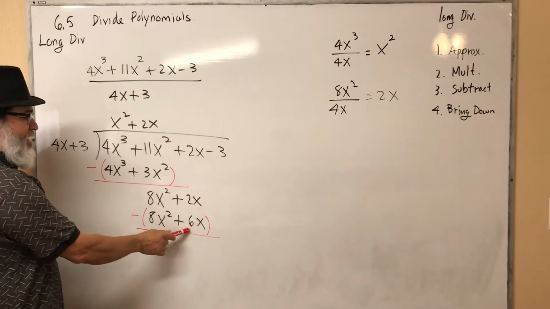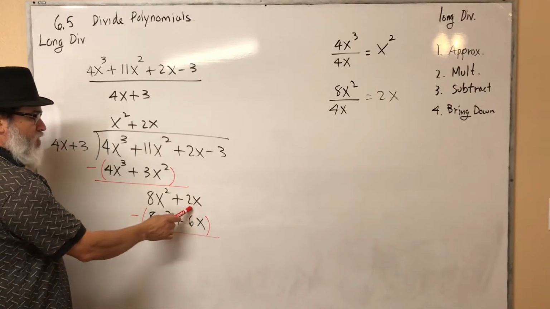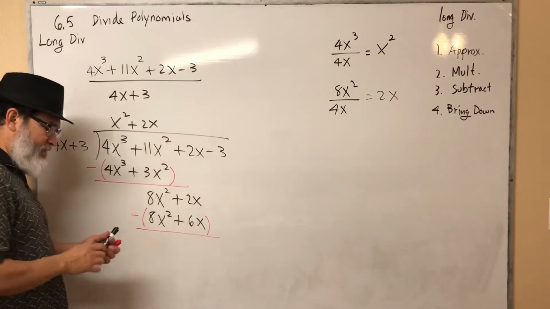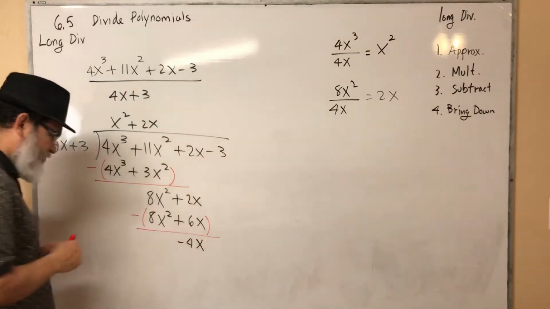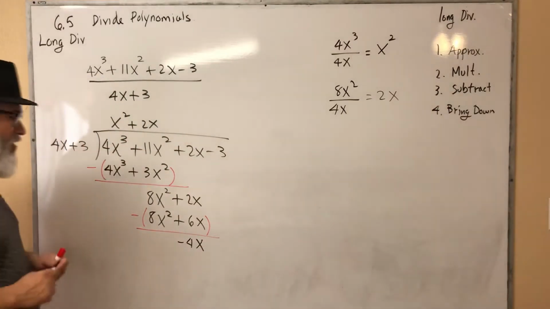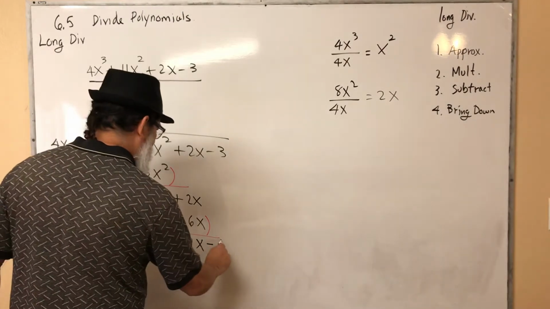When you take 2x minus 6x, that is negative 4x. Bring down minus 3.